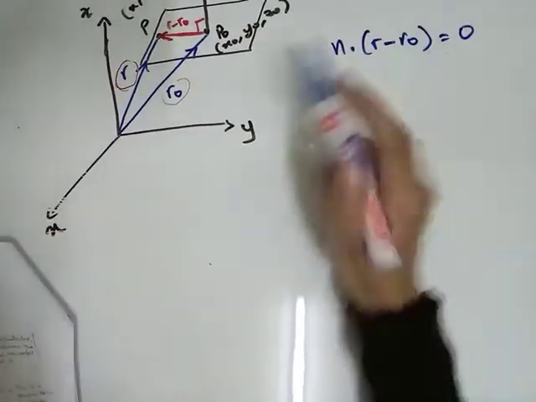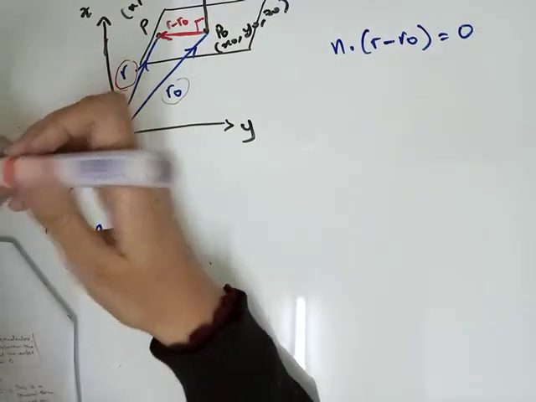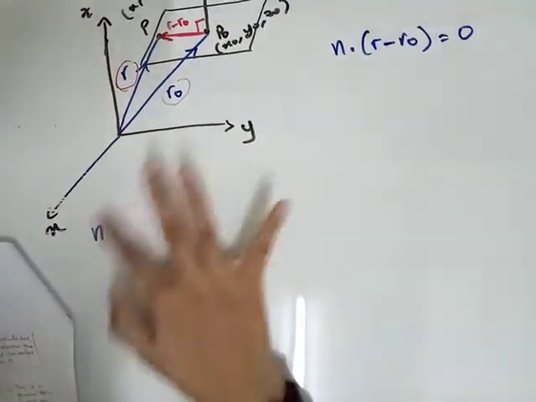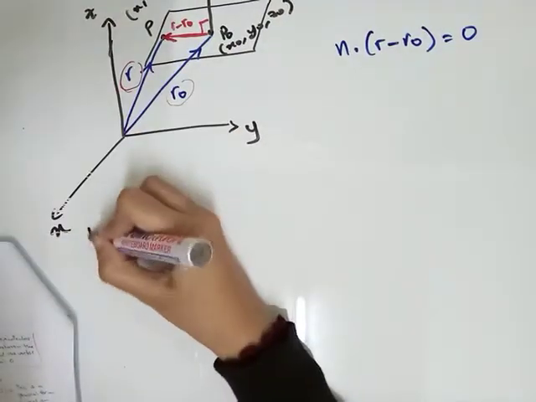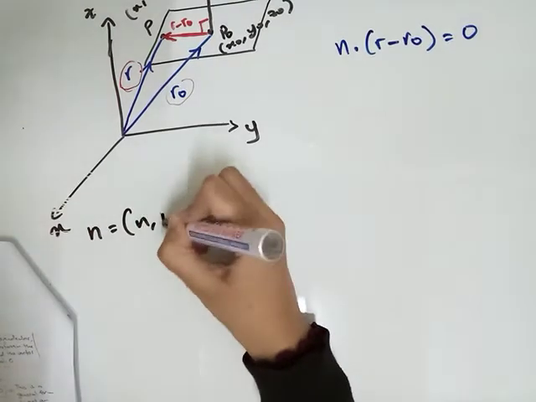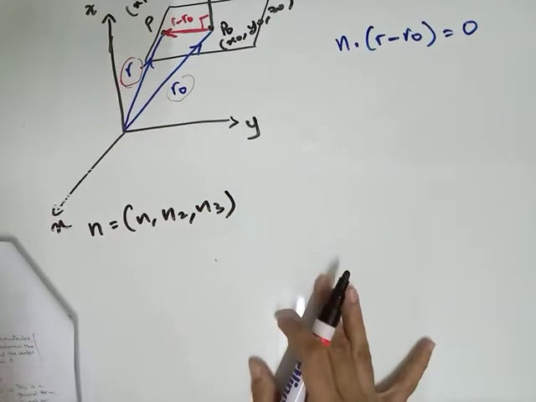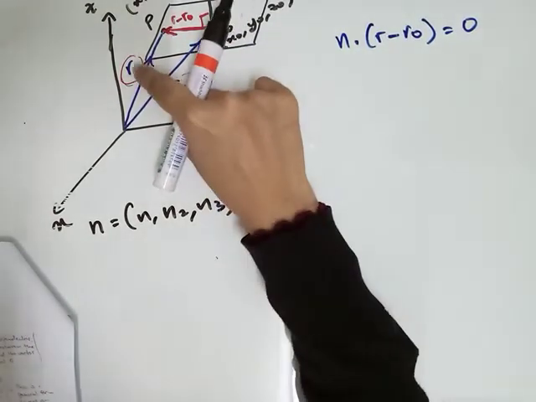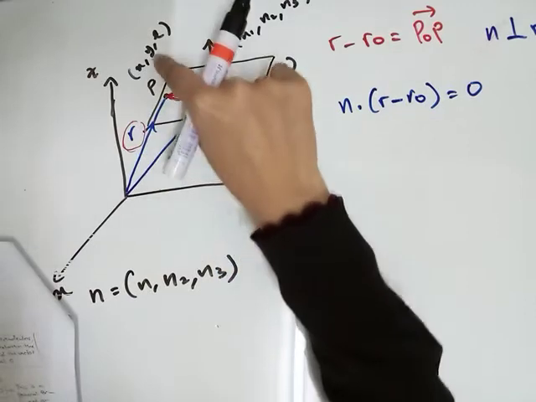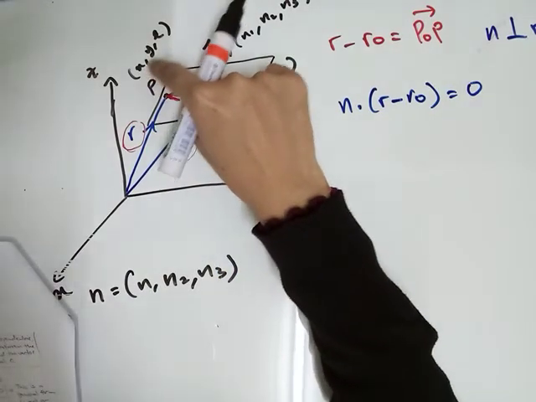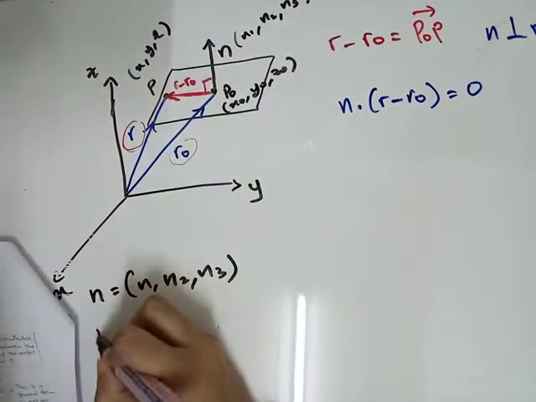We know that the value for n is n1, n2, n3. The value for r, the position vector for P, is x, y, z.